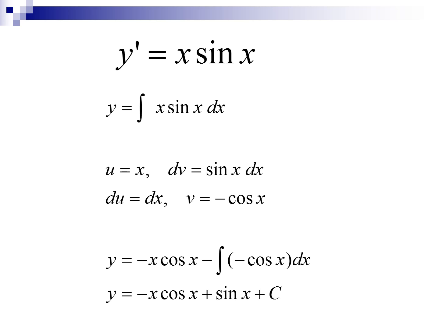And then the integral of x sine of x dx is going to be u times v, so minus x cosine of x, then minus the integral of v du, so minus the integral of minus cosine of x dx. So we integrate that, and we end up with y is equal to minus x cosine of x plus sine of x, and then of course we have the plus c.